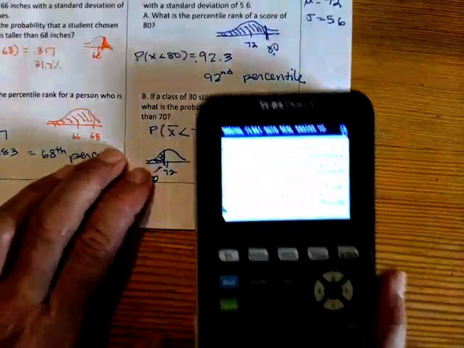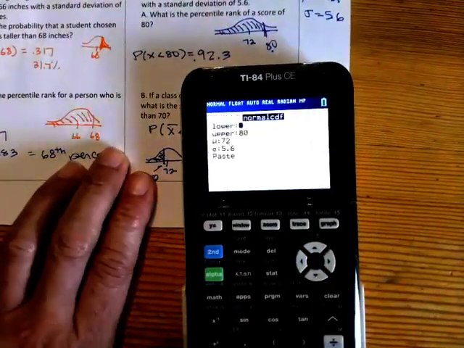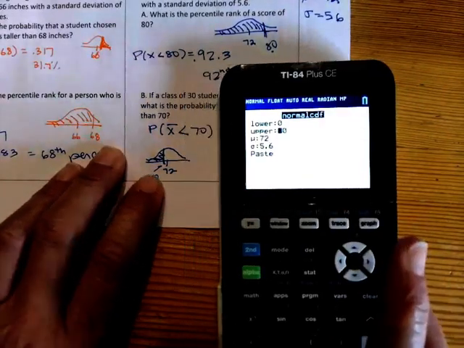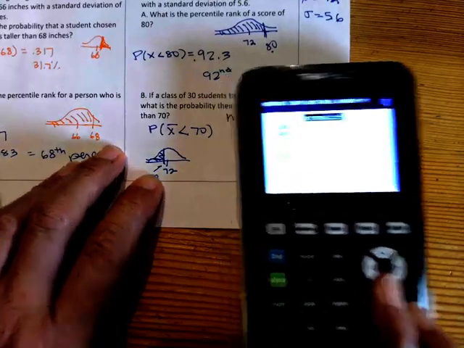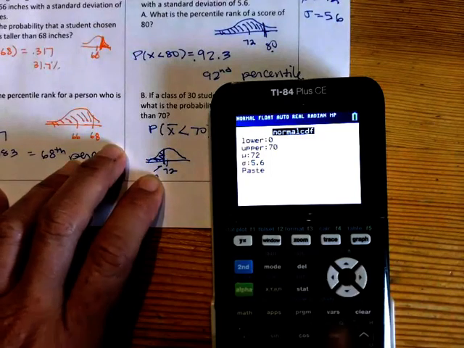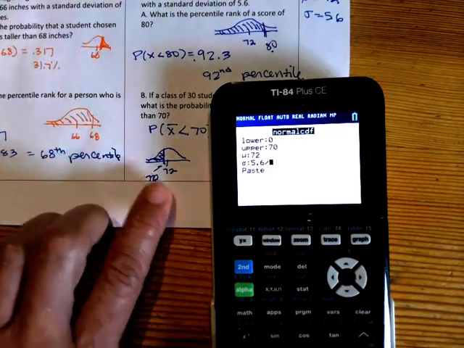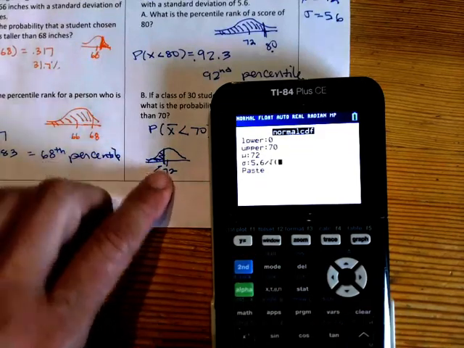So again, I'm looking for area. That's that normal CDF. The lower limit, 0 is good. Upper limit, that's where we stopped shading, so that's going to be 70. The average is 72 still. Oh, sigma. Because I'm talking about the average for our group, now I have to change my sigma and divide it by the square root of how many?